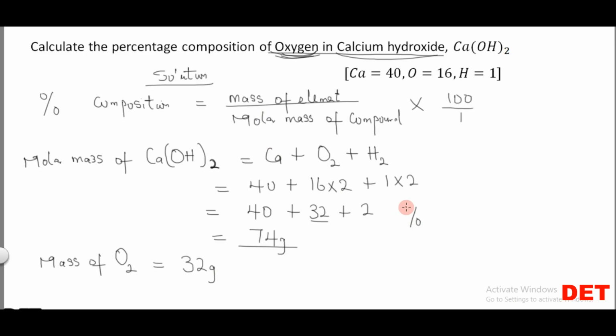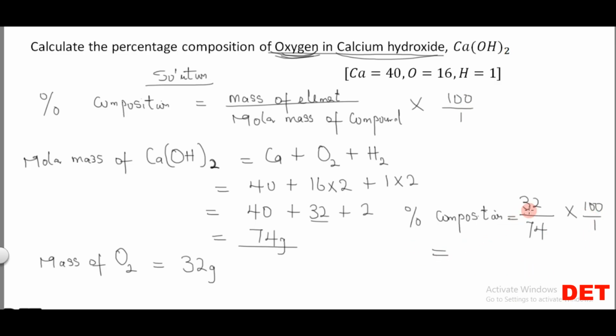The percentage composition of oxygen in this compound, calcium hydroxide, is equal to the mass of the element, which is the mass of oxygen, 32 grams, over the molar mass of the compound, which is 74, times 100 over 1.